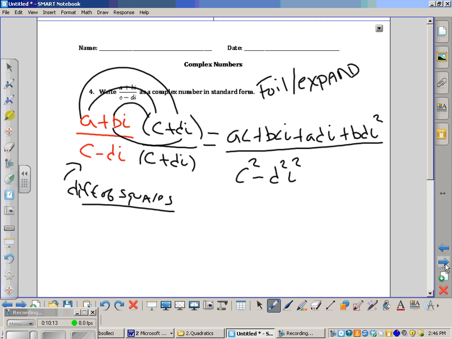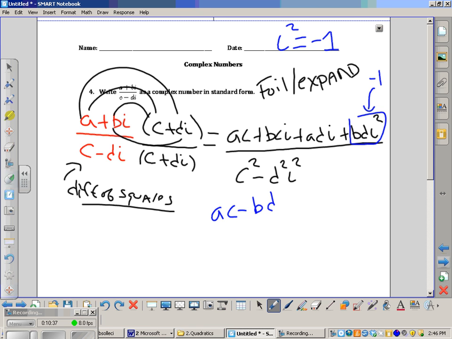So you want a plus bi form. So I'm going to group together in the numerator the parts that don't have an i. Well, this bdi squared, in the last problem we wrote down that i squared equals -1. So I get to rewrite the i squared as -1.